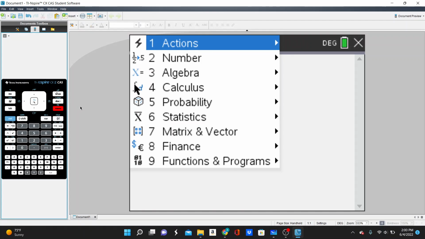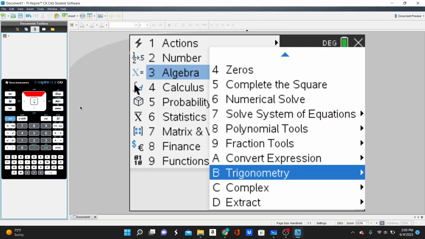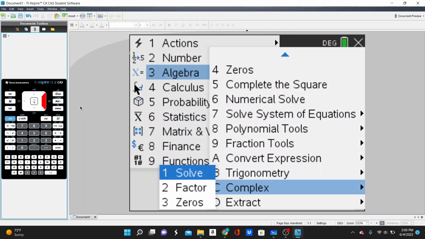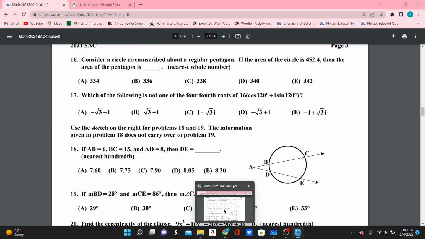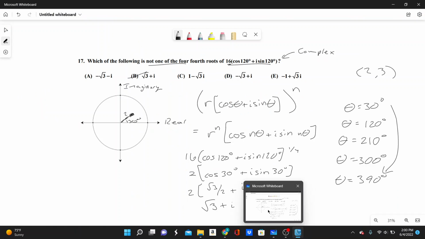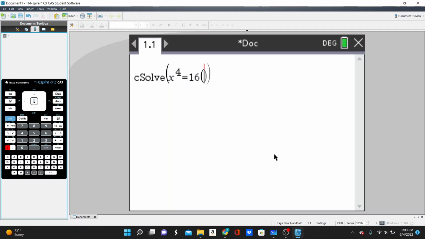You go to Menu, Algebra, and then down here we have a section for complex numbers, and we have a complex solver. So basically what we're doing if we're finding the fourth root is solving for x when x to the fourth equals 16 times cosine 120 plus I sine 120. So let's just do that.